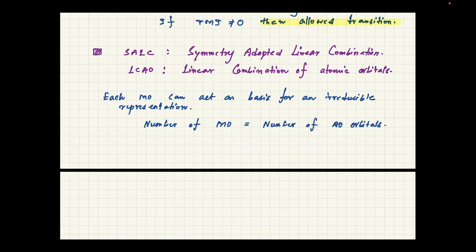So here the projection operator can be helpful. Using the projection operator, we can identify which particular combination of atomic orbitals will give us the molecular orbital corresponding to a particular irreducible representation.